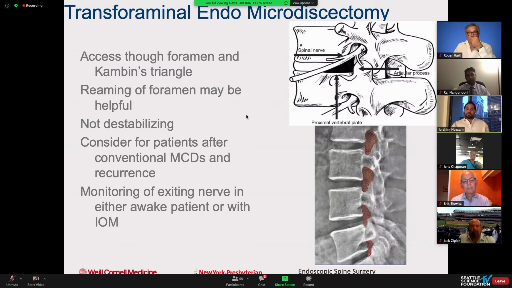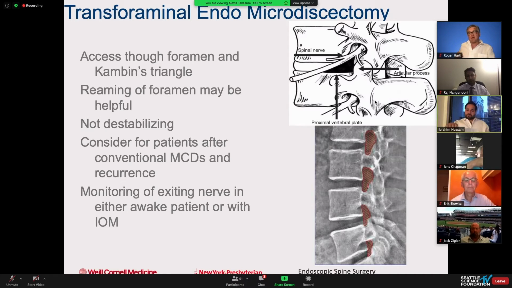The transforaminal endoscopic approach is something that I think most surgeons, if you look across Asia, Europe, and now North America, seems to be the more common approach. This involves a different trajectory that most surgeons are not familiar with. Maybe the pain guys are more familiar with it from performing their injections. But the access is through the foramen itself, through Kambin's triangle.